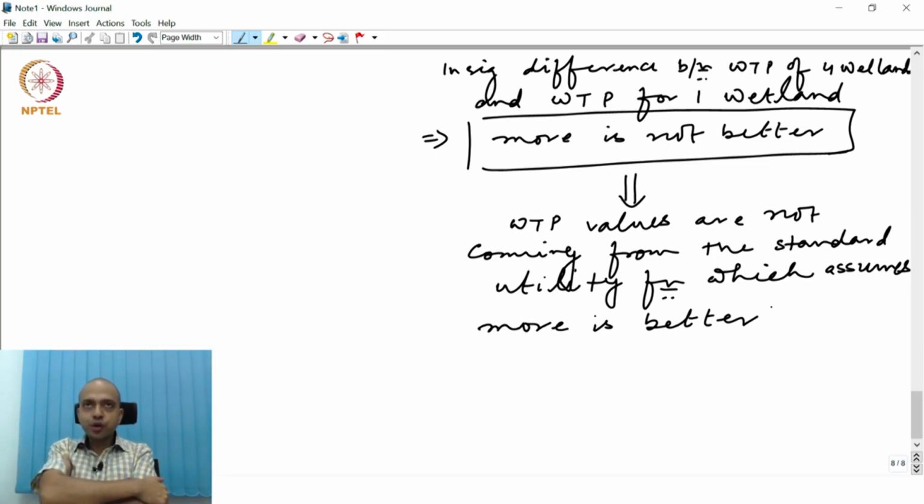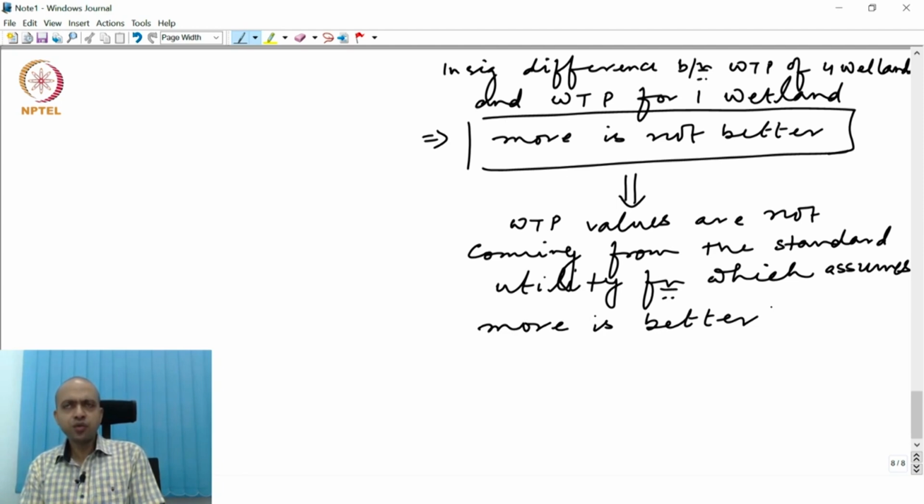Why is it called part-whole bias? Because we believe one wetland is actually a part of 4 wetlands. Or for example, let's say I'm talking about biodiversity, a biodiversity of a forest consisting of several flora, fauna, many things. So I am asking the respondent, what is your willingness to pay for protecting one species, let's say deer, in a forest? And the individual says 150 rupees.